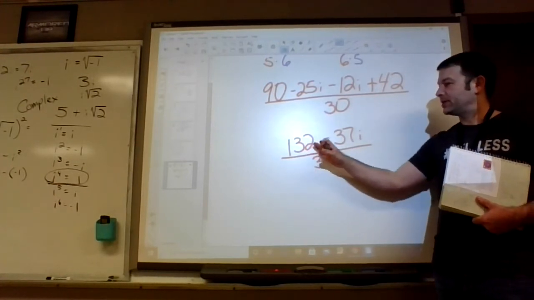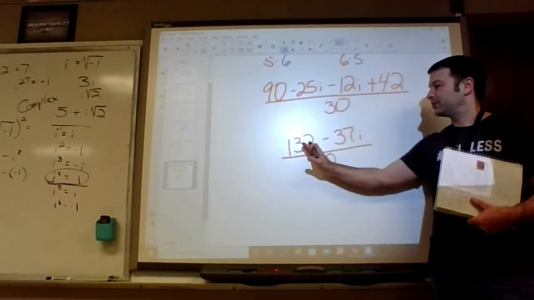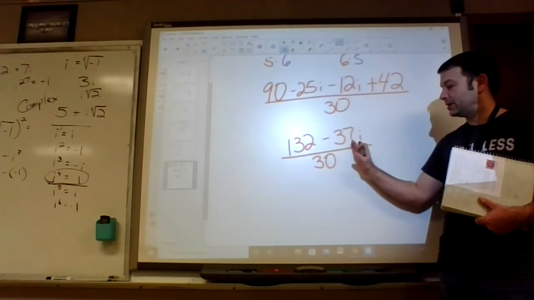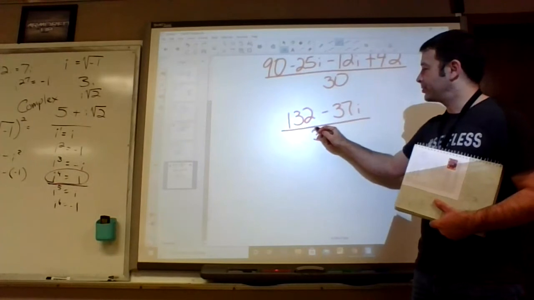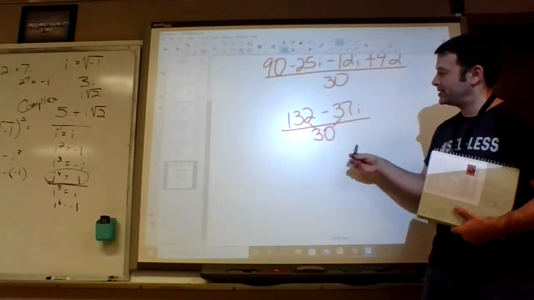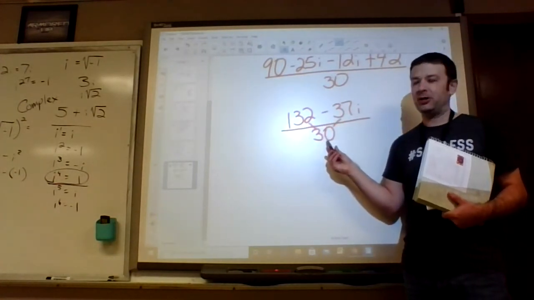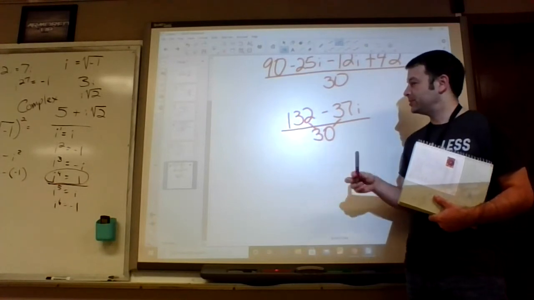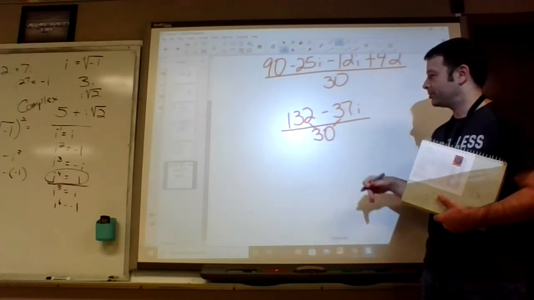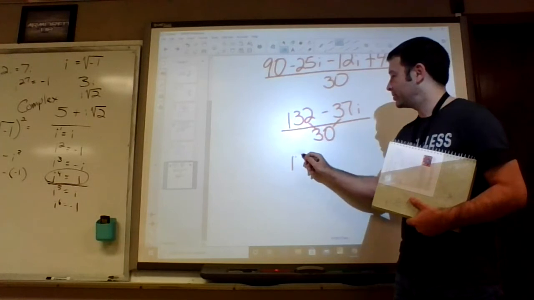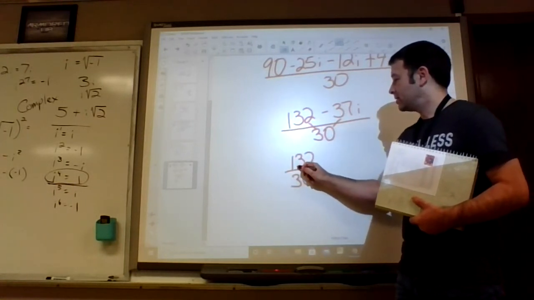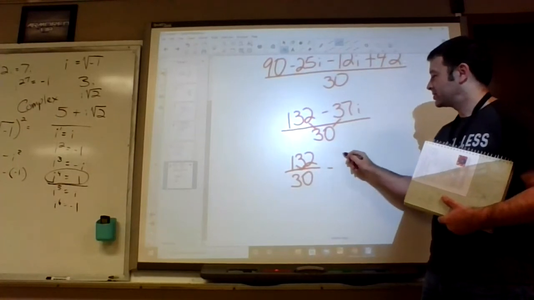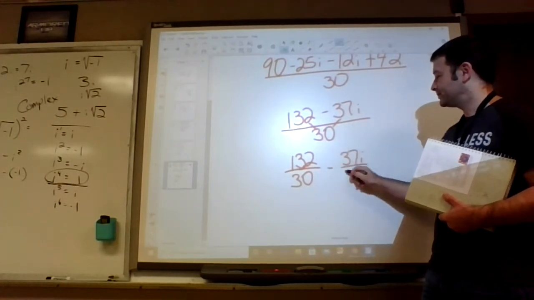I'm going to separate this into the real and the imaginary. In other words, both of these things are going to be divided by 30. Basically, this is like a distributive problem, but you distribute the divide by 30 instead of multiplying by 30. So this is 132 over 30 minus 37i over 30.